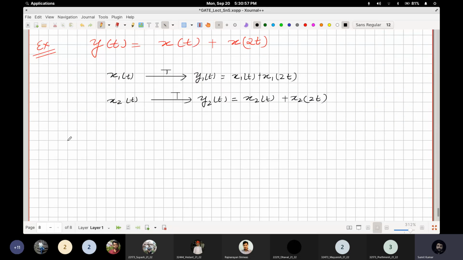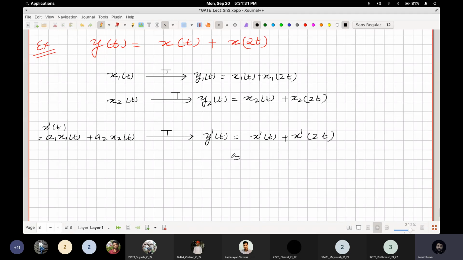Now if I give the system a1 x1(t) plus a2 x2(t), then what is going to be my output? Let's say that is y'(t). Let me assume this input is equal to x'(t), then y'(t) is going to be x'(t) plus x'(2t).